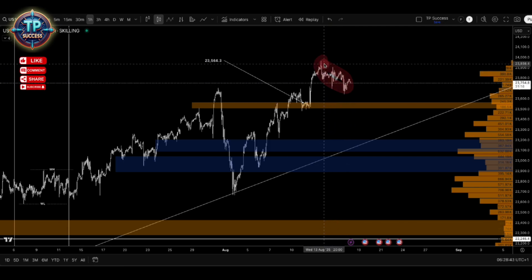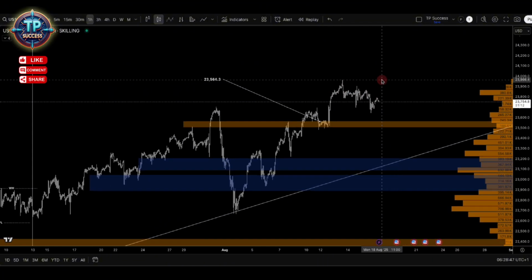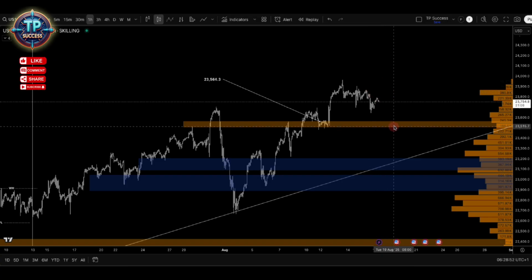So we have consolidation taking place right now, which basically means one of two things can happen. We can either get another revisit to 23.564.3, but me personally, I would just round it off to 23,560.